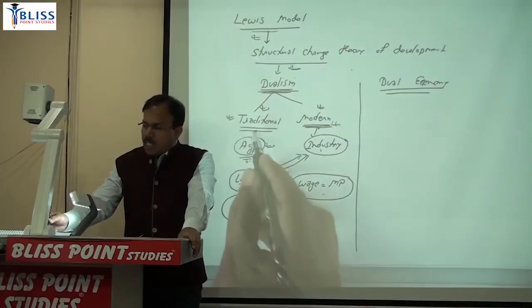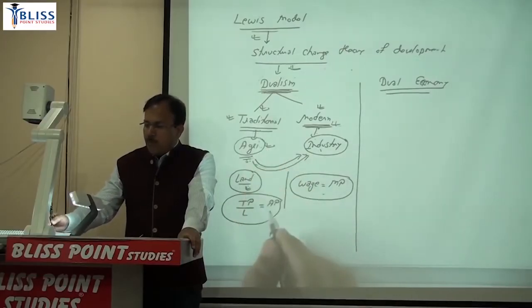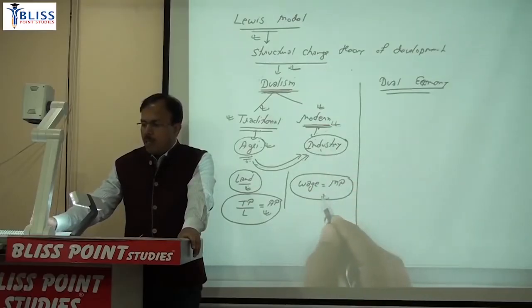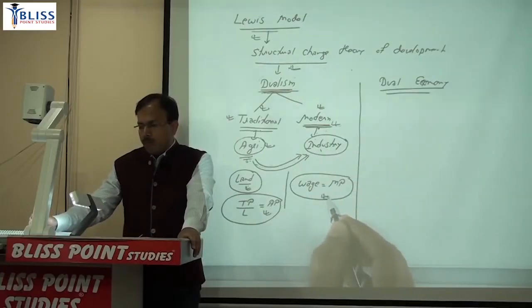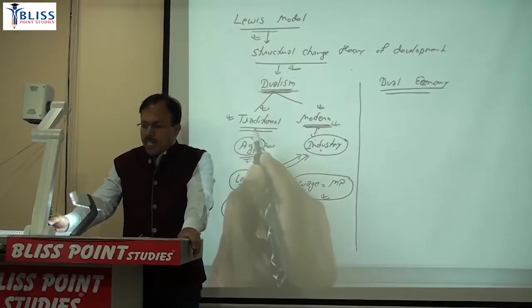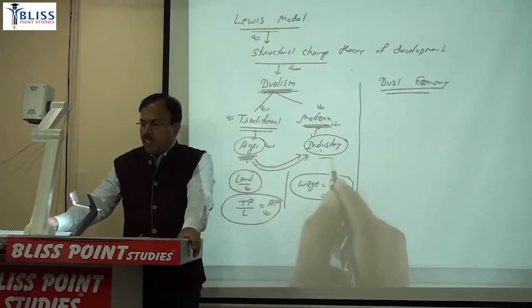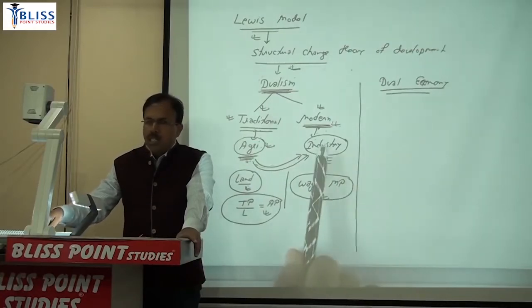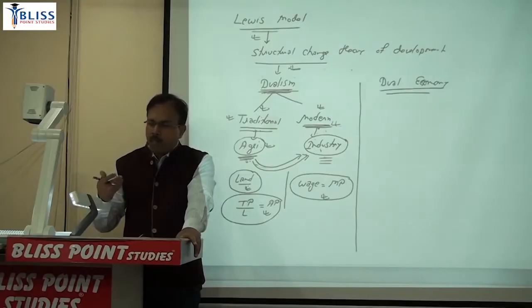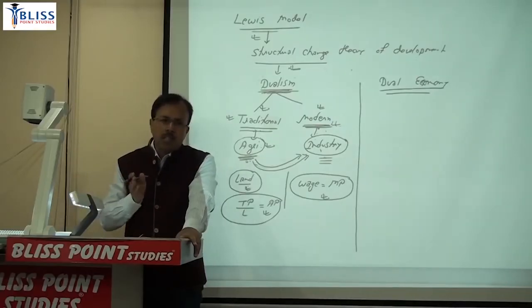In agriculture, that is traditional, workers are paid according to average product, but in the modern sector, workers are paid according to marginal product. The agriculture sector acts as supplier of labor and the industrial sector acts as employer of labor. That is, industry is on the demand side of labor, agriculture is on the supply side.